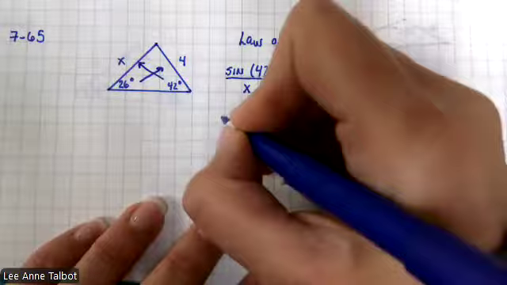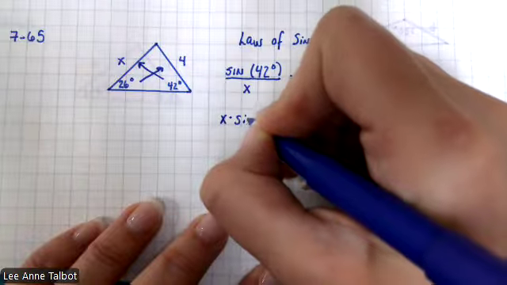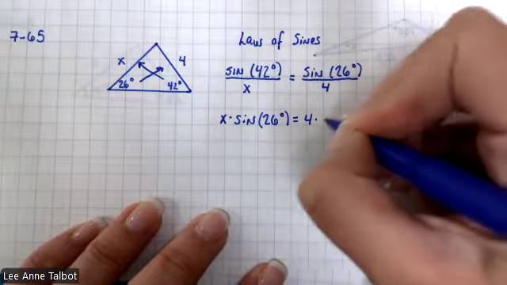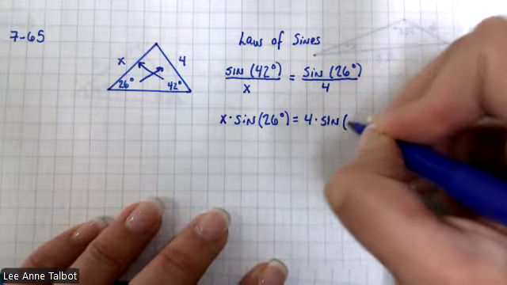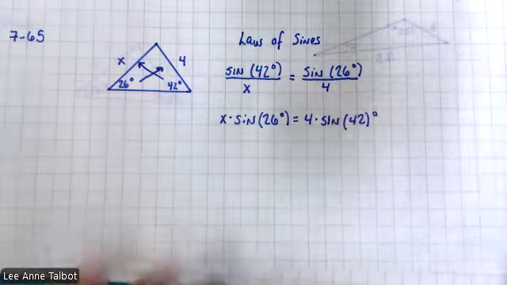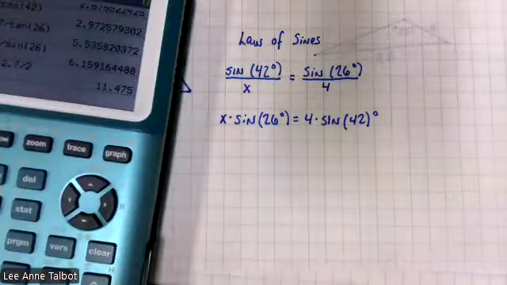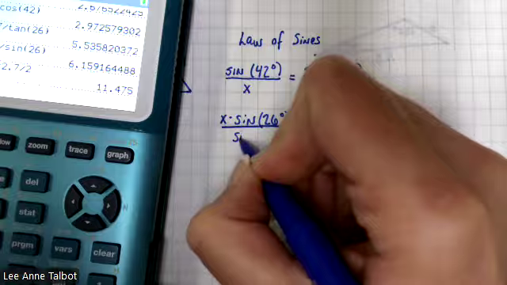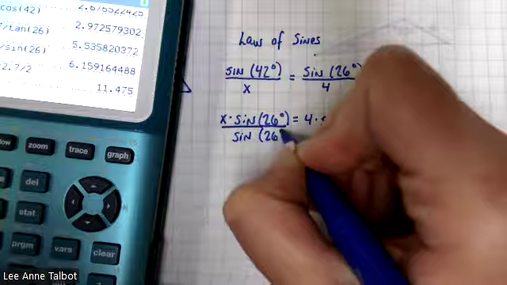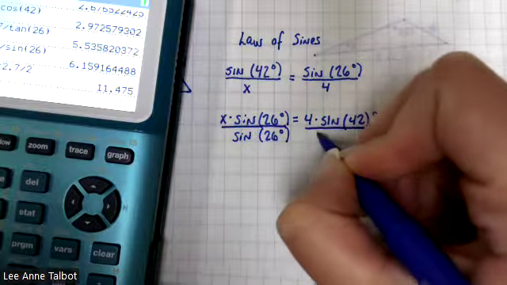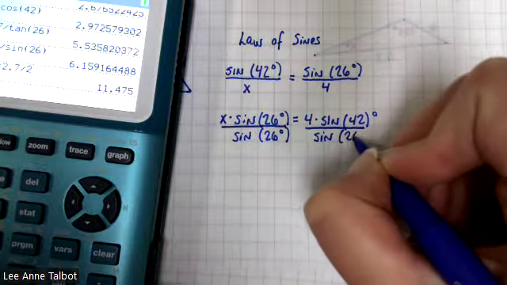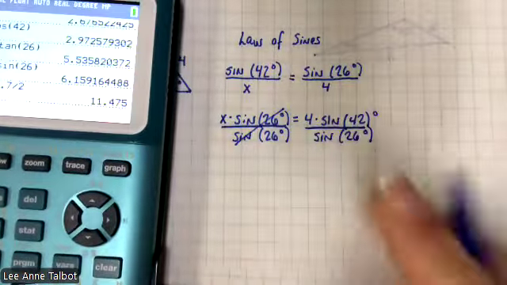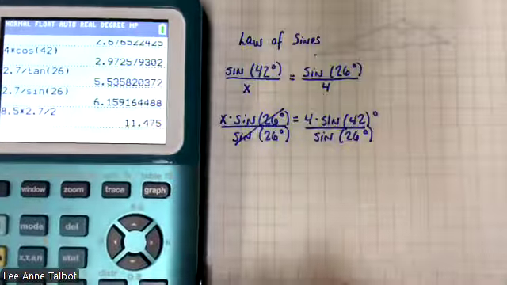Okay, cross multiply: x times sine 26 equals 4 times sine 42. Always save the calculator till the very end with these.